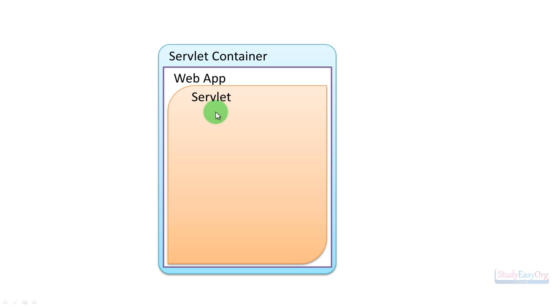Now friends, here we are not talking about JSP. Why? Because whenever you code a JSP file and execute your web application, your web server will implicitly convert your JSP file into a servlet, and finally the servlet will get executed on the web server.